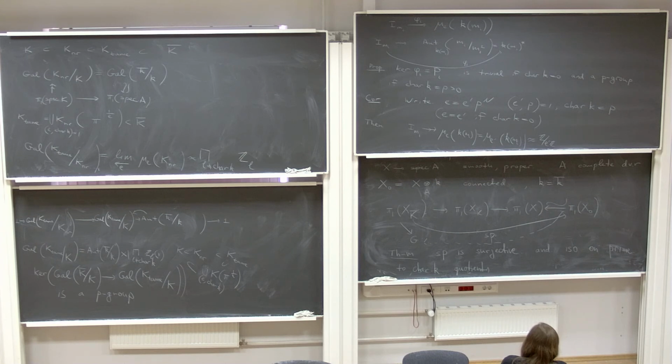So again, an example to have in mind of how we are going to use this theorem. For example, you can take for A the ring of the maximal unramified extension of Z_p, or something like Witt vectors of an algebraic closure. This is your A. You can take a smooth projective curve over this base.